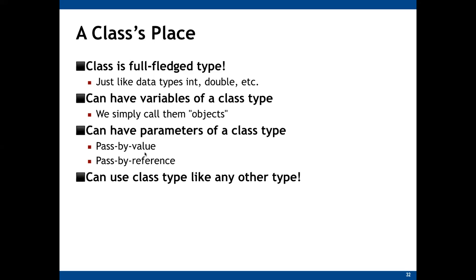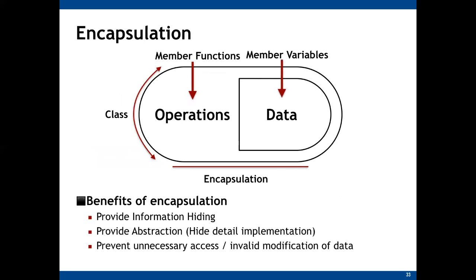And a function can also return a value of class type. So you can use a class type like any other type. And then why do we use classes? What benefits does it give to us?